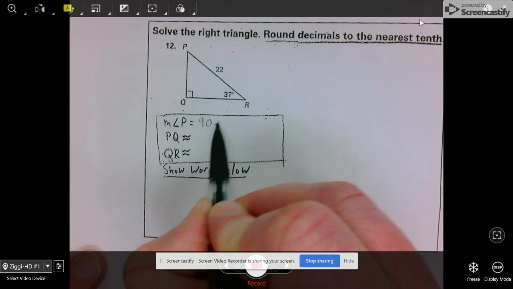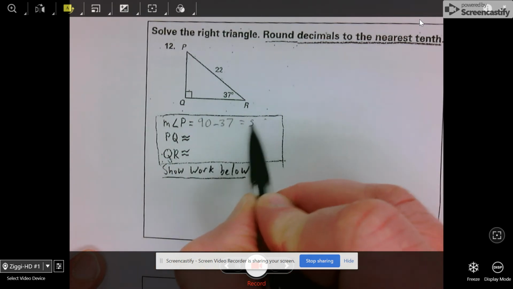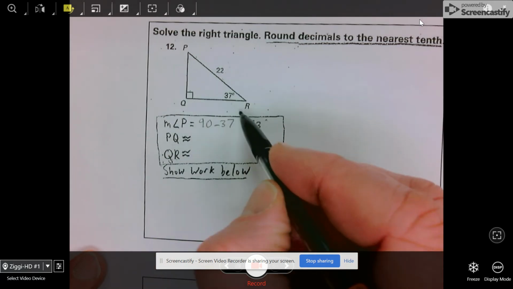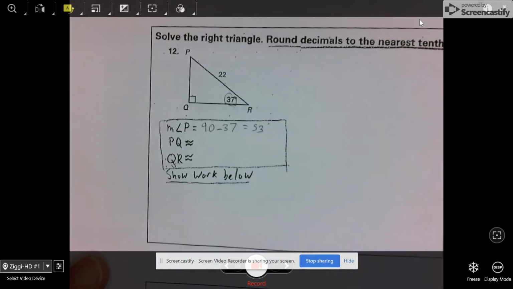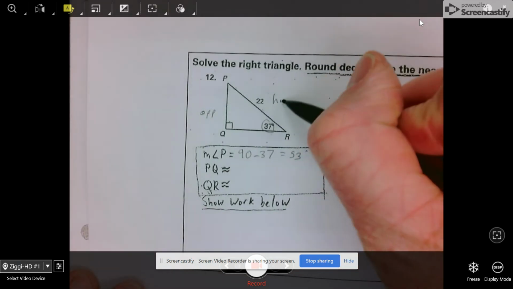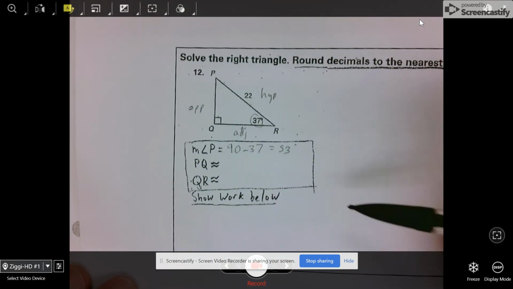Okay, so measure of angle P, obviously right away, you can just take 90 minus 37. PQ. Okay, so what I do is I look at this, I have enough information, and I say, this is my reference angle. So this is the opposite side, this is the hypotenuse, and this is the adjacent side.